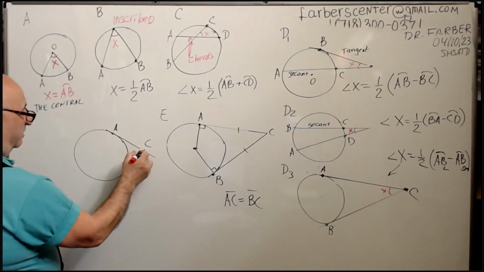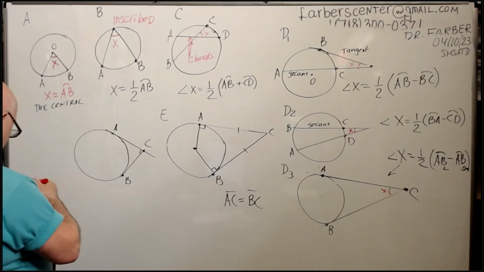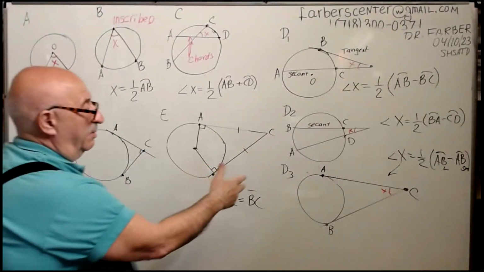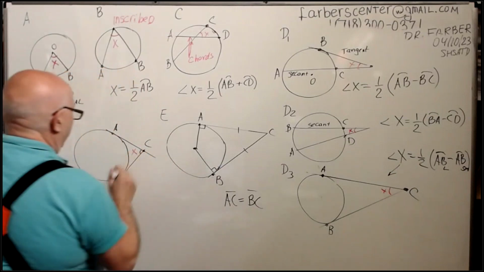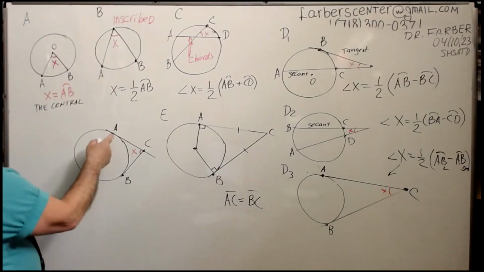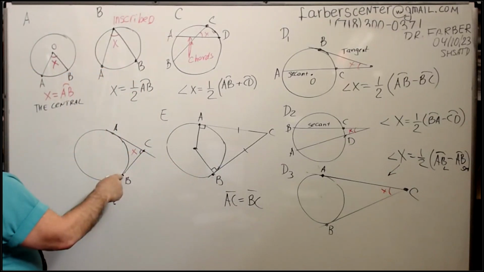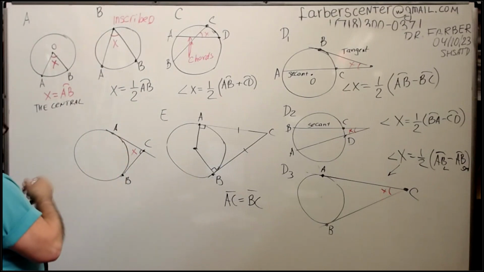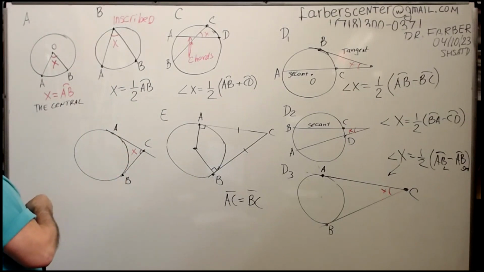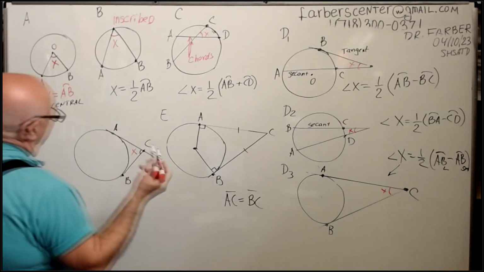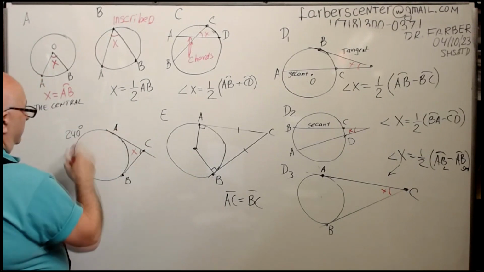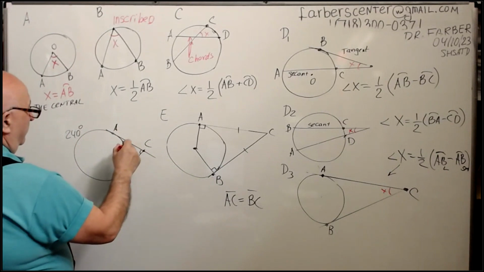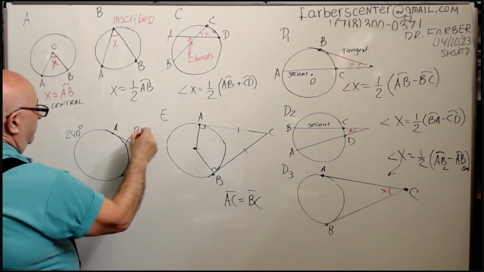I distorted it deliberately. And this angle X is half of this big arc minus this small one. For instance, if this large arc, let's say, is 240 degrees, this one respectively must be 120. Why 120?